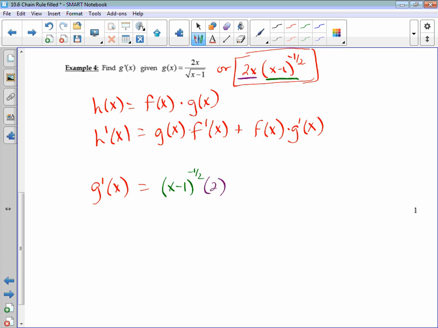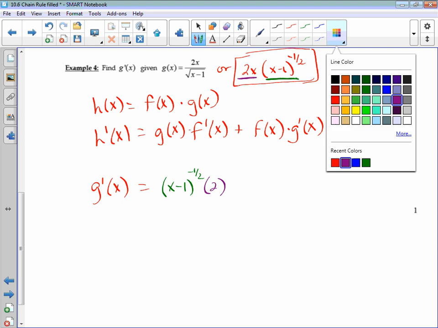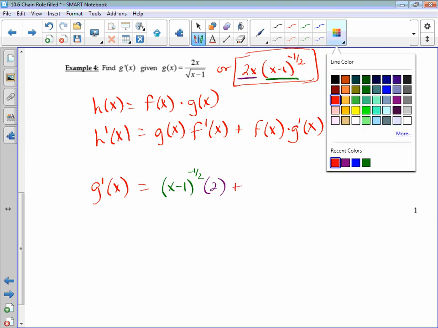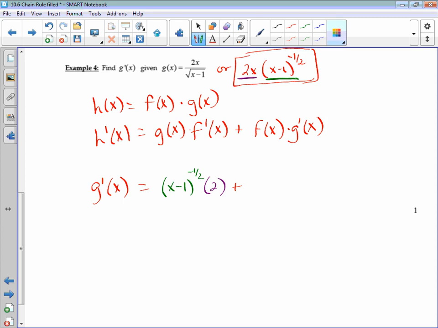So times 2, right? So that piece is simple. Plus, now we leave 2x alone. Yeah, Anna? Because it's two things multiplied together.